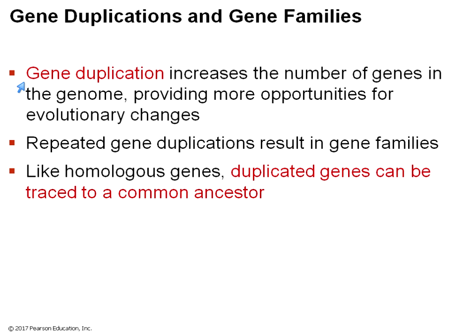By having more than one copy of a gene, now you can possibly accumulate changes within those gene duplications, and that can lead to a new gene. Like homologous genes, duplicated genes can be traced back to a common ancestor, because you can count how many times that gene has been duplicated, and over time you can figure out when it happened.